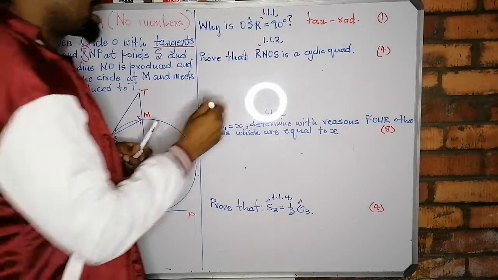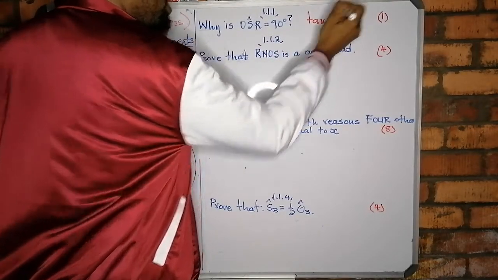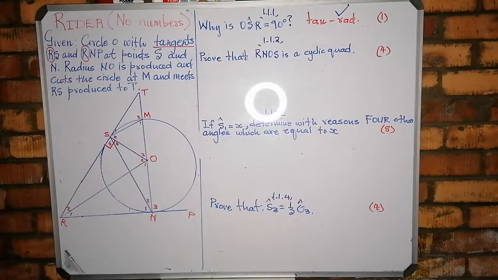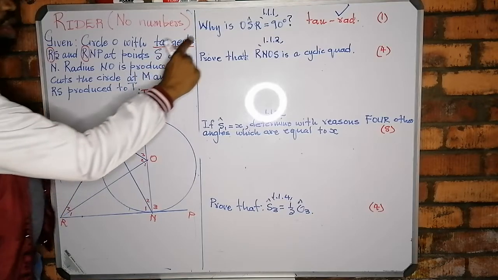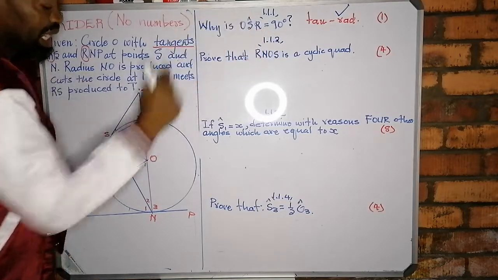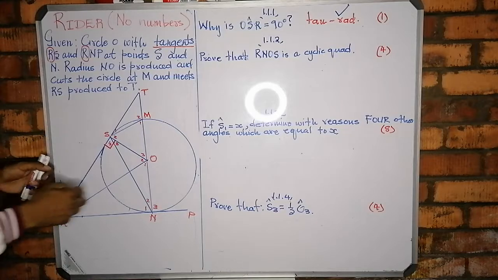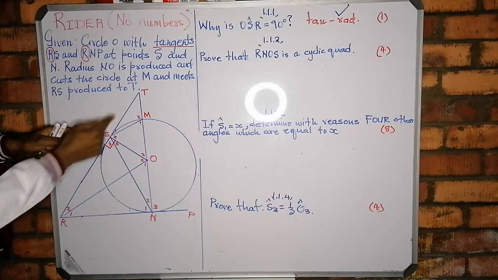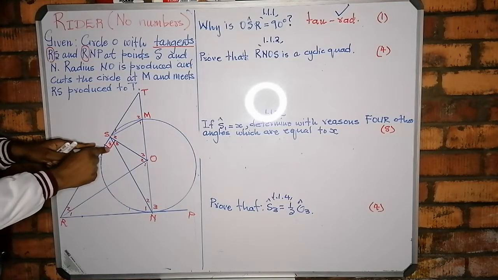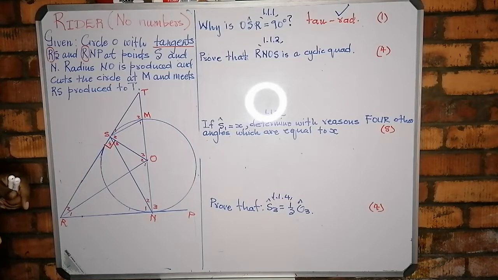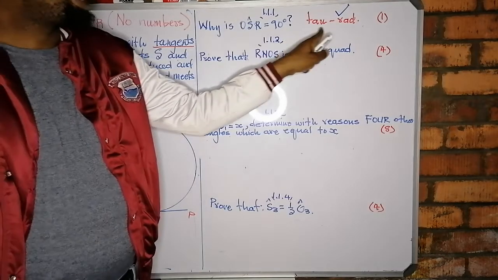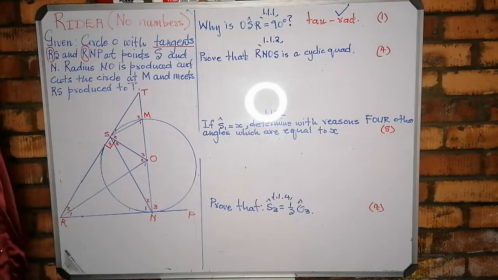Then for that, you score yourself that beautiful mark. I repeat again: why is angle OSR 90 degrees? The reason is simple. A radius and a tangent are perpendicular at a point of contact. If you just say tan rad, we know what you mean. You have scored yourself a beautiful fat mark.